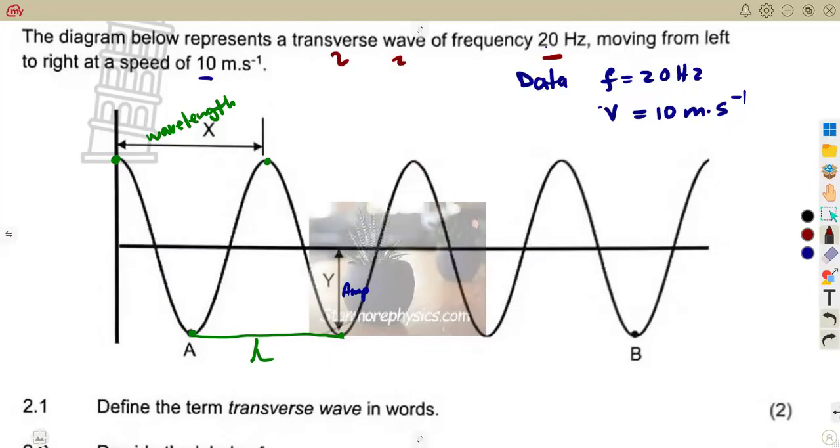Then we also refer to the issue of complete cycles. As you move from this point to this point, the movement is from a maximum to a minimum. Then we are going to have another one from a maximum to a minimum.